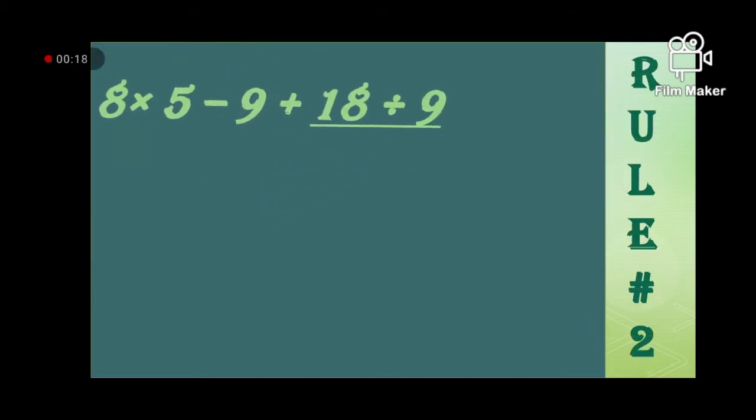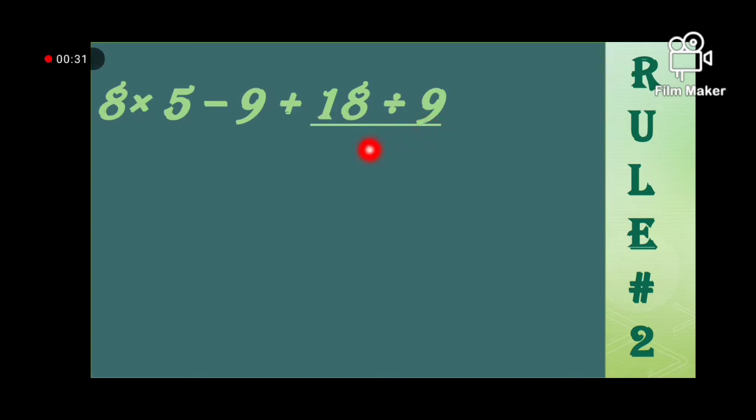Now we are going to solve these sums according to the rule number 2. But in this sum, we will use rule number 1 also. How can we use rule number 1 with rule number 2? Let's see. 8 multiplied by 5 minus 9 plus 18 divided by 9.